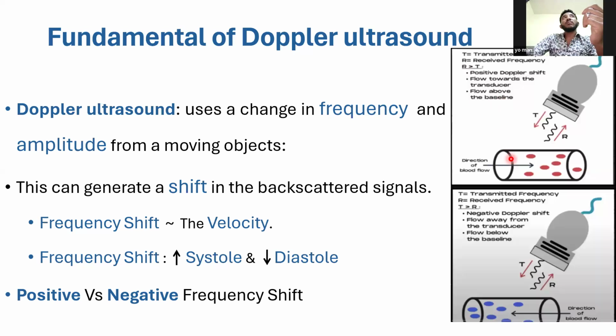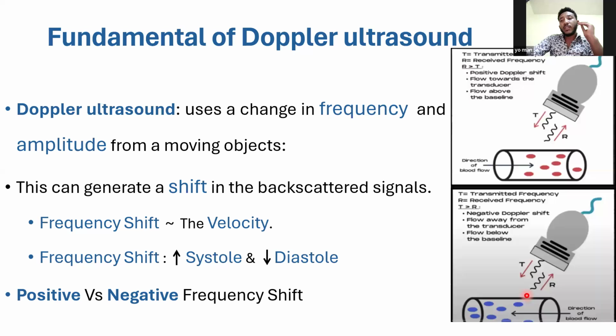If there is a positive Doppler shift, the flow will be above the baseline. But if there is a negative Doppler shift, which is away from the transducer, the flow will be below the baseline. There are some controls which invert what we see on our spectral window or in the color window.